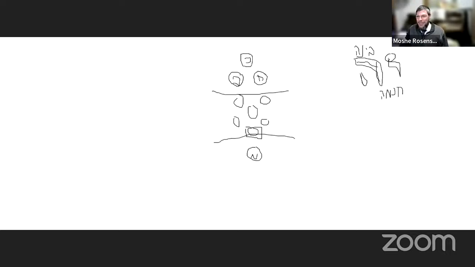Next we have Vav. Vav is the letter 6, right? Because it represents the 6 midos: Chesed, Gevura, Tiferes, Netzach, Hod, and Yesod. Vav also, in the Hebrew language, is the letter that connects things, vi, right? It connects two things, something vi, something else, and. The Vav is the connector because these 6 midos are the connector between the mochin and the reality.